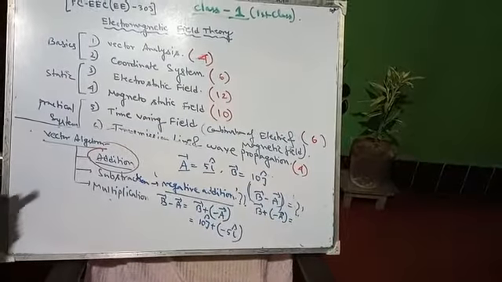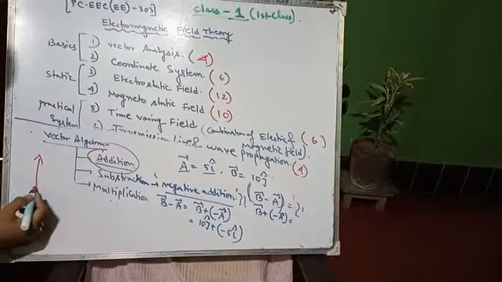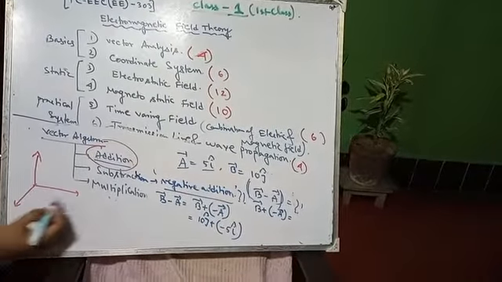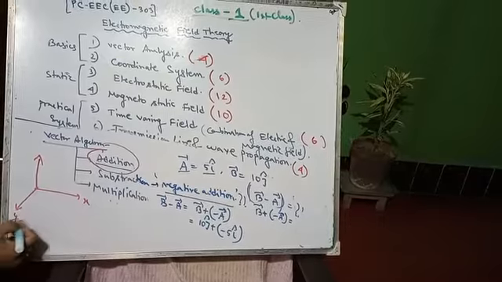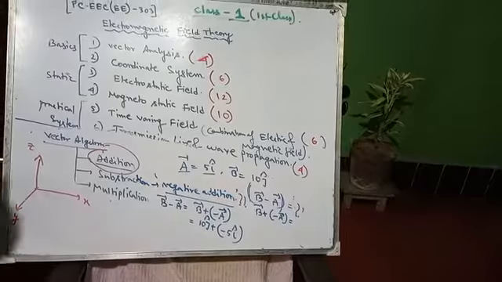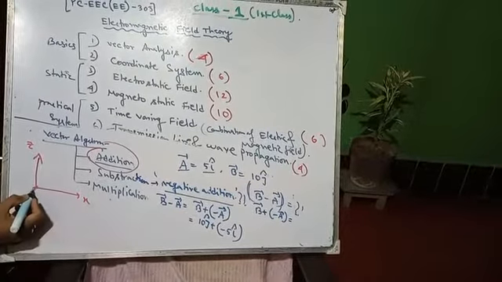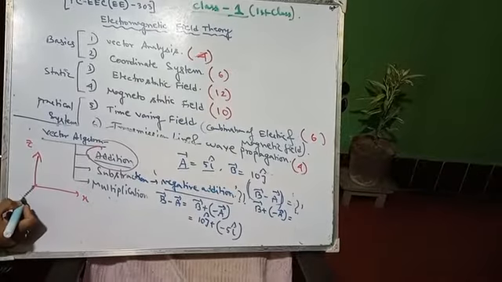What will be the geometrical representation of it? If we consider the x, y, z axes over here, x axis, y axis, z axis, then 10 j cap, j cap means 1, 2, 3, 4, 5, 6, 7, 8, 9, 10.